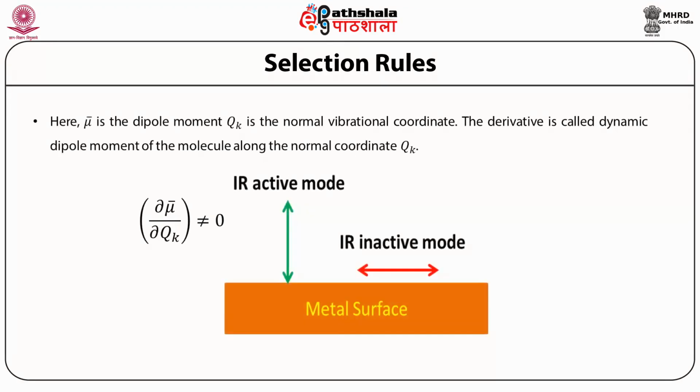This slide talks about selection rules, which one uses for IR active mode or IR inactive mode. This has been shown in this slide as a surface where IR active mode and IR inactive mode would be reflecting when we carry out these studies.